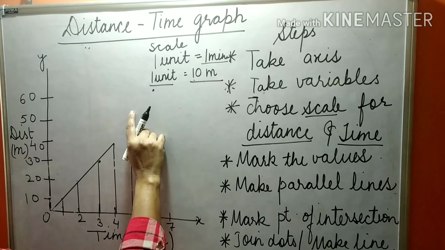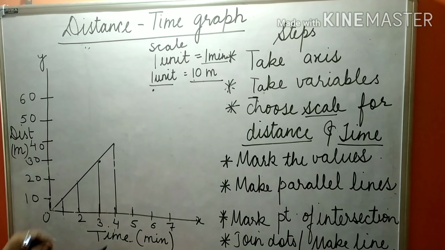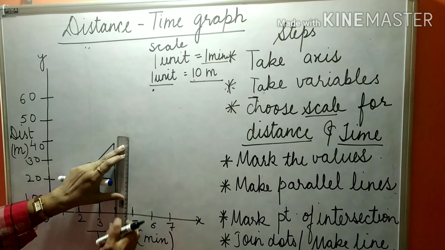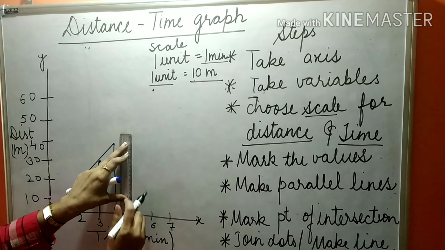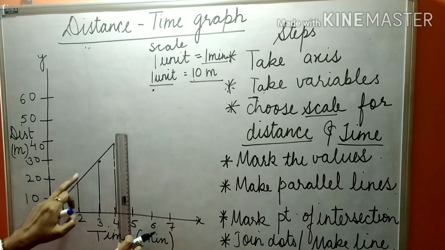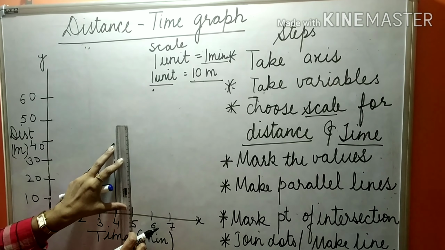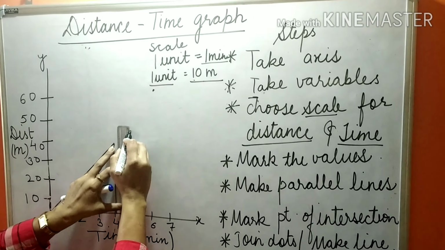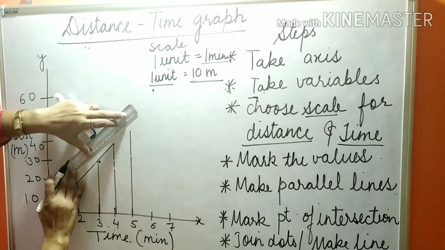If it goes, it will also go straight. 30, then it comes to 40. 50. 20, 30, 40, then it comes to 50. 50 is here. Okay. So we'll join this line again.